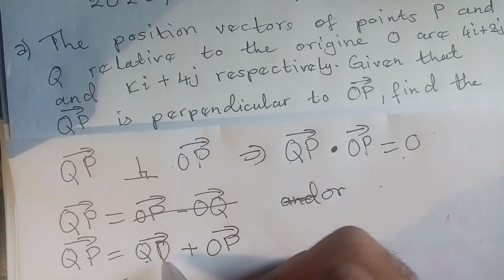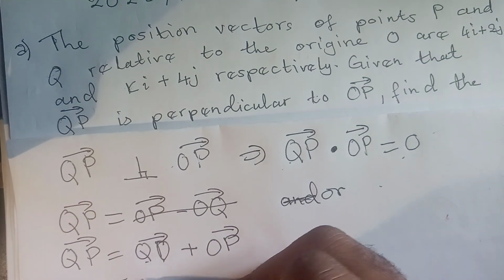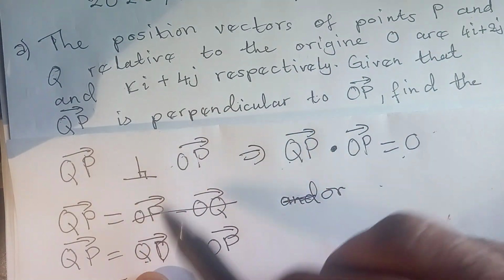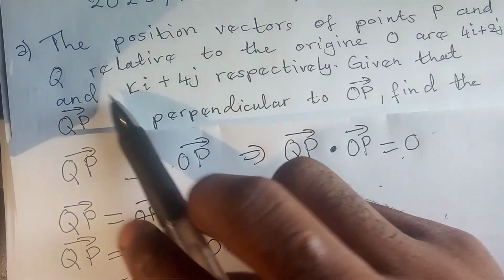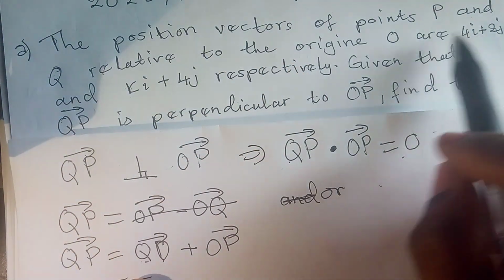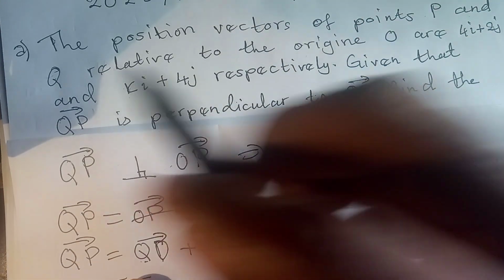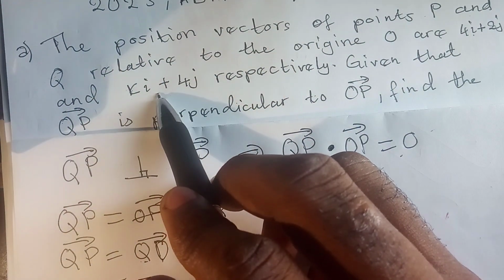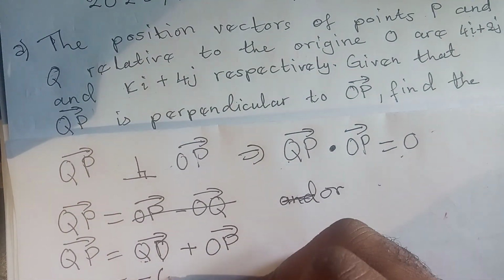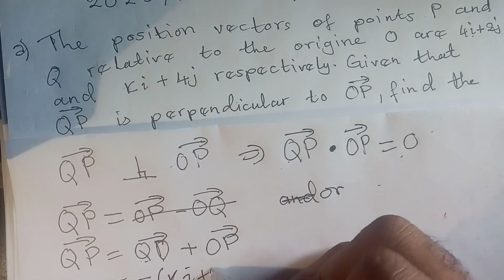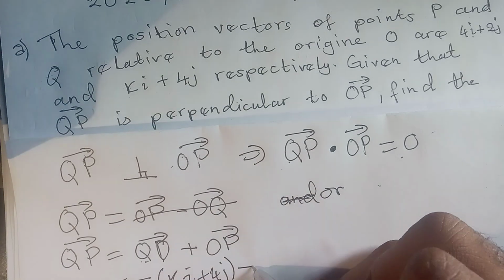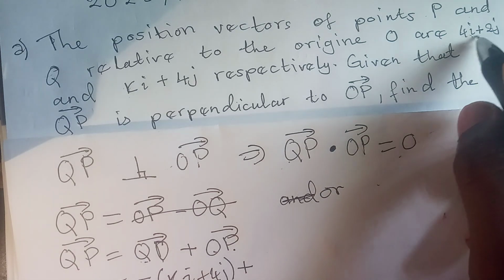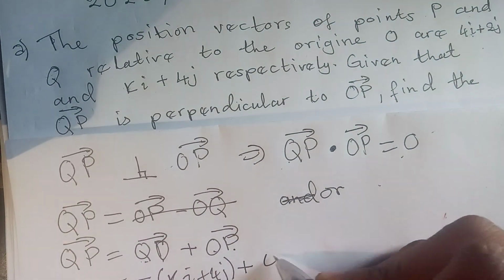Our QO will be the negative value of OQ. So this is our P and this is our Q. So we have negative ki plus 4j, then plus our OP is this one here. Remember, this is our P.